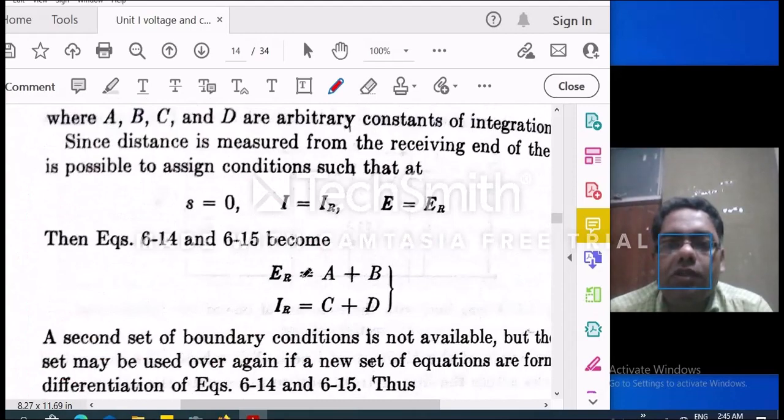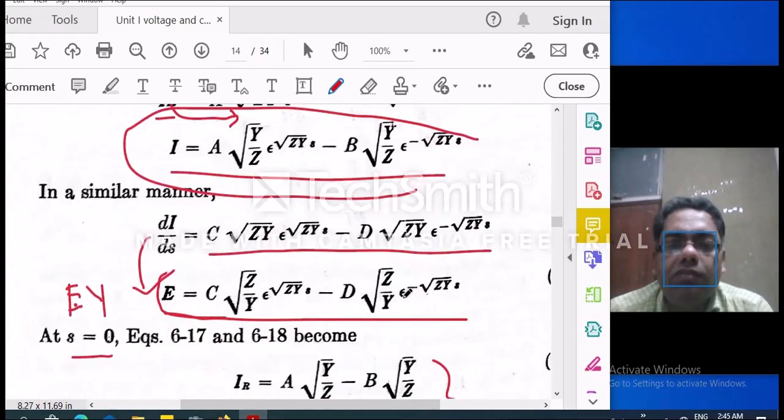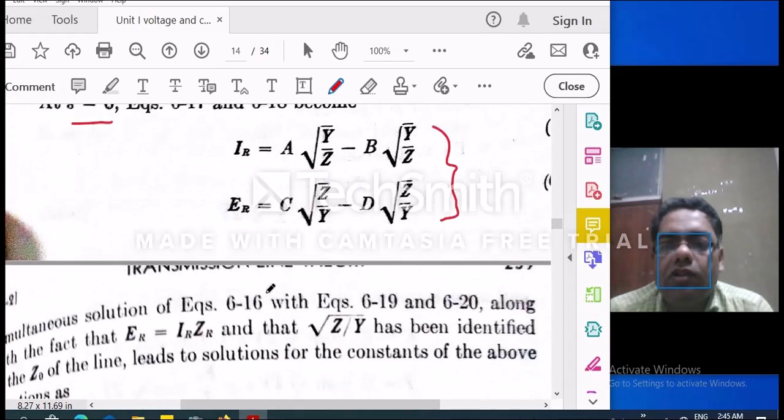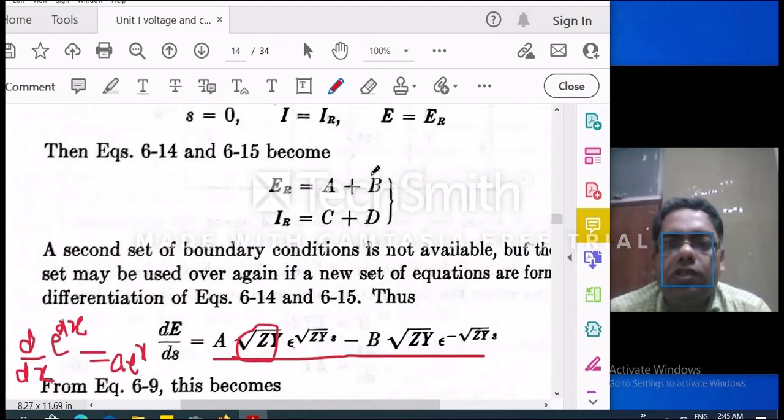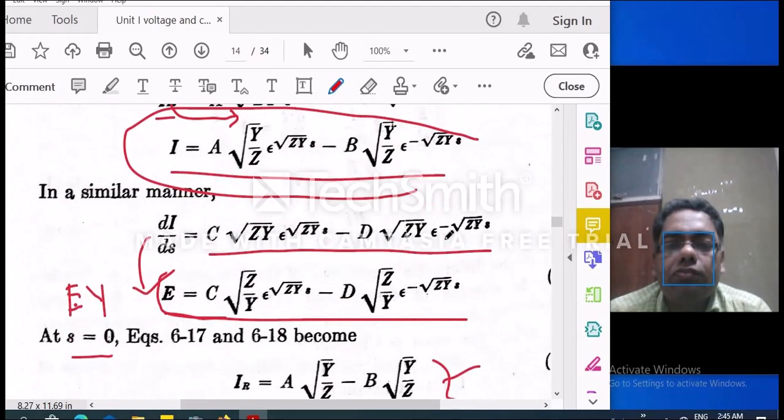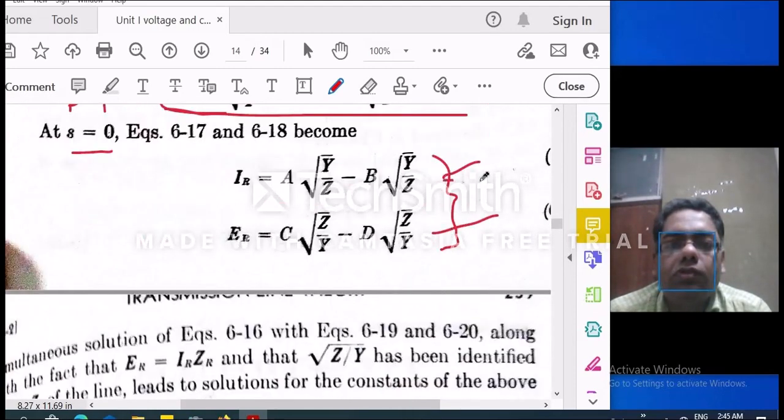One is ER equals A plus B, IR equals C plus D, then ER this and IR this. This is 1, this is 2, this is 3, this is 4.